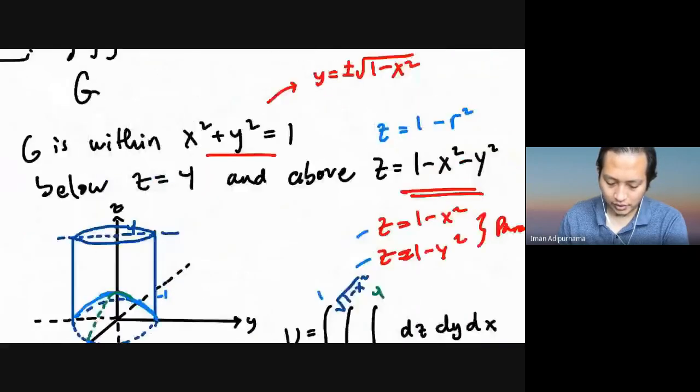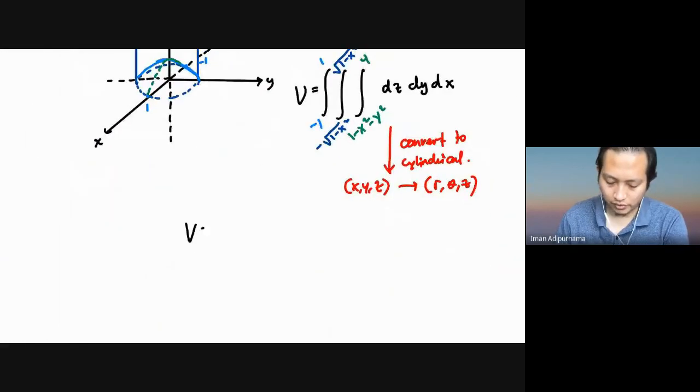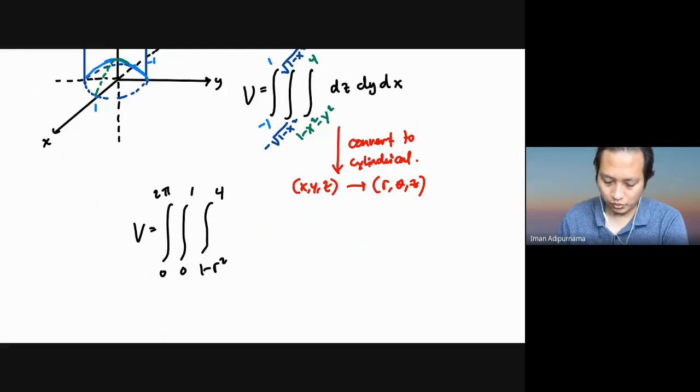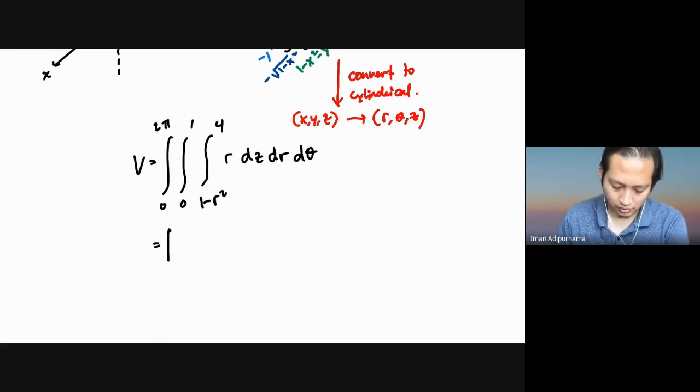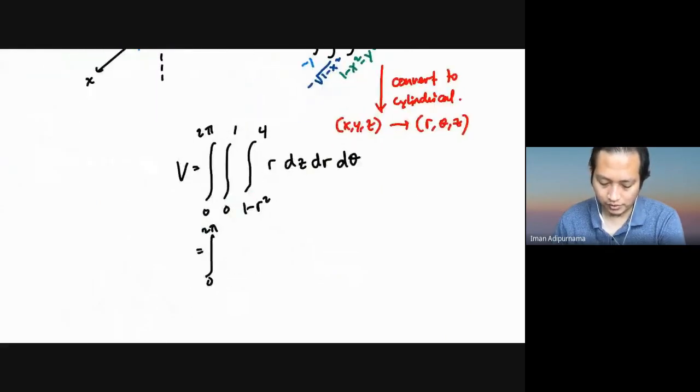And if we look at the circle here, theta is from 0 to 2 pi, and the radius is just 1, so r is 0 to 1. So we can write the volume as the integral from 0 to 2 pi, 0 to 1, and then 1 minus r squared until 4, and then this will be r dz dr d theta. And we can solve it easier than the form before we convert.